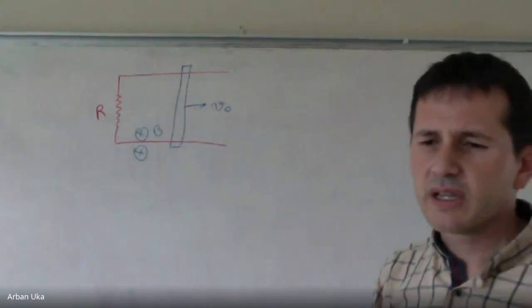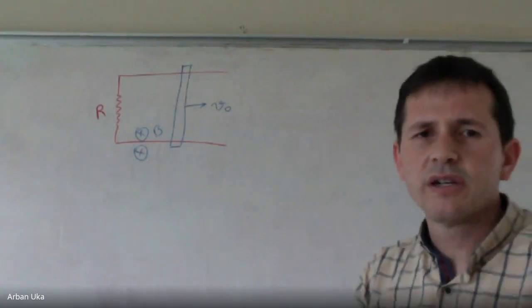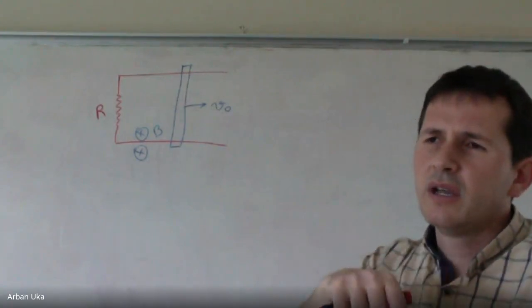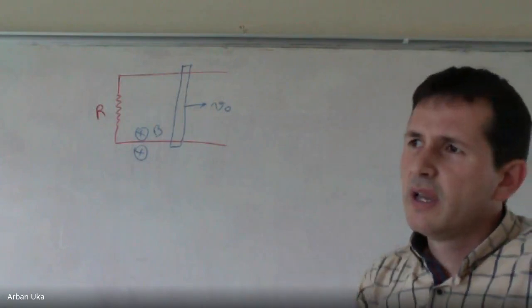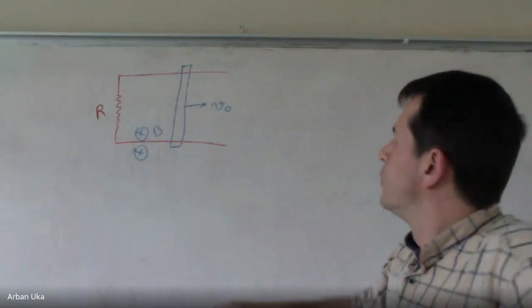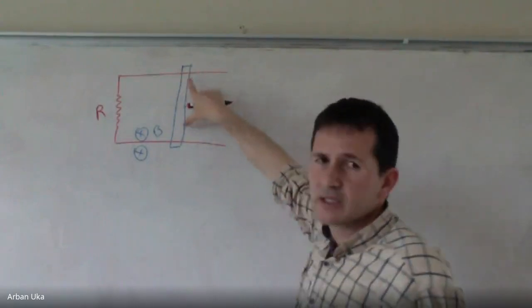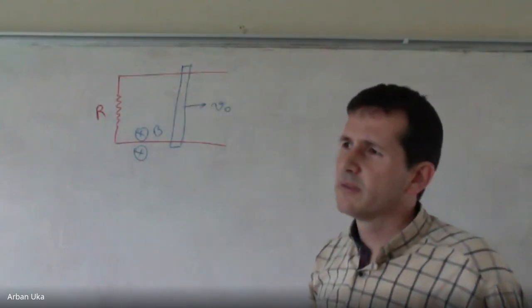We can assume this like a rail. You can assume that these are the rails of a train, and you connect them at one end with a very large resistance, and this is conductive.